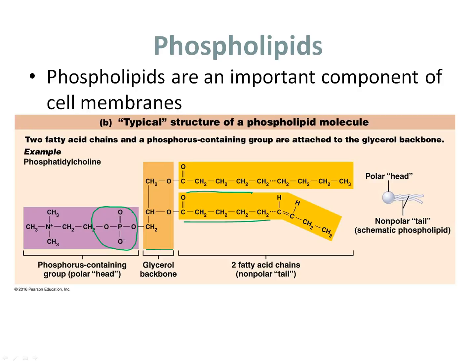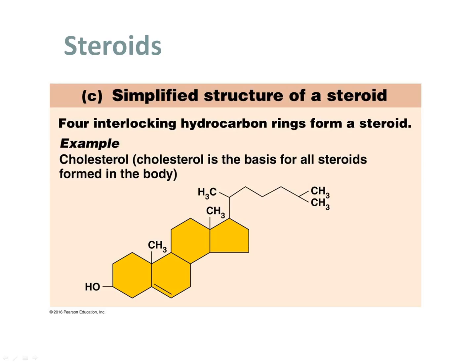So we've got a polar head and a non-polar tail. Steroids, in a very simple form, are going to be a group of rings that are connected together. So this is our cholesterol backbone for all steroids, and then we can basically rearrange from here to get our different steroid hormones.